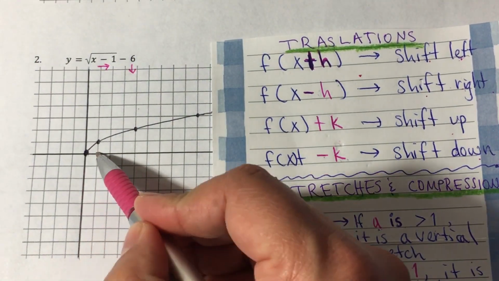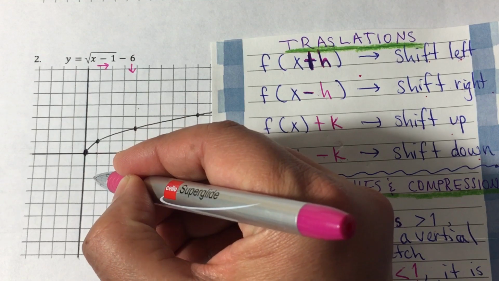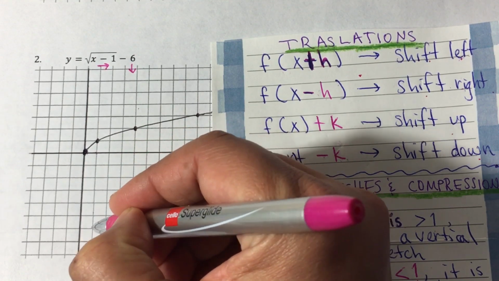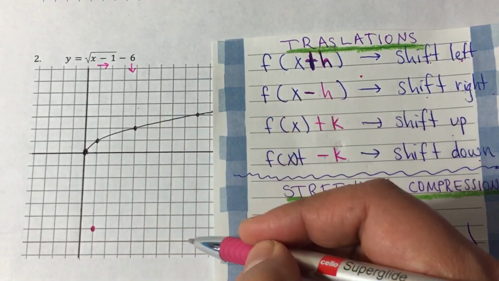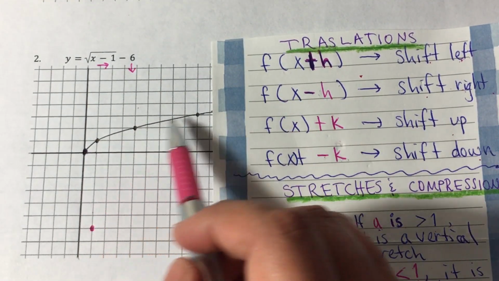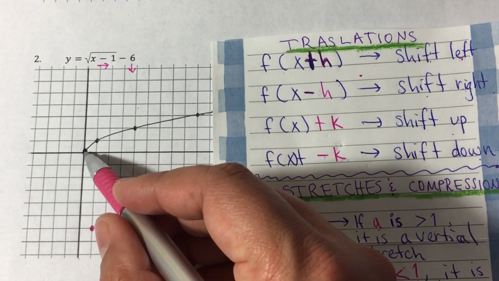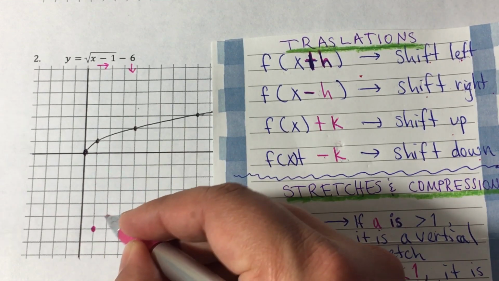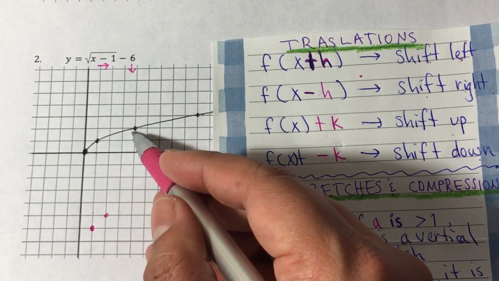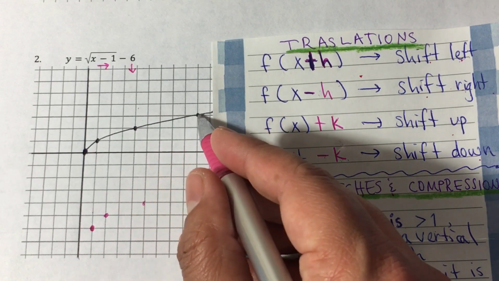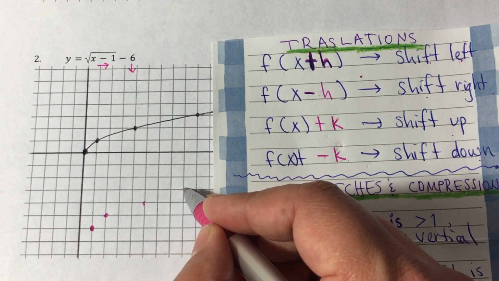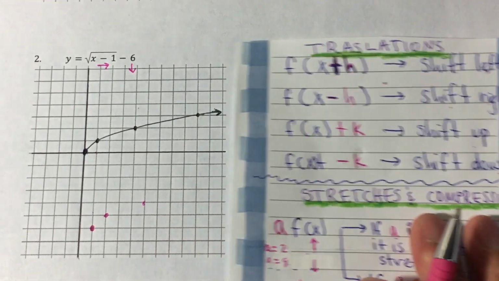So right here. That's that point right there. We can do the same thing for all the points, or just see, oh, that's right there. In here we go 1 and 3, so 1 and 3. And then from here we go 1 and 5, so 1 and 5 right there.